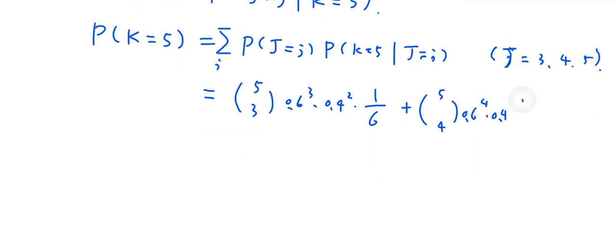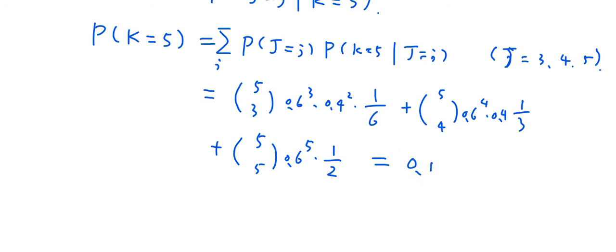Then when J equals 5 and K equals 5, so K equals J, this is 1/2. Okay, after calculation we found this number.